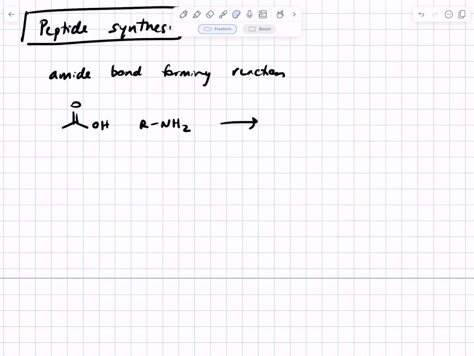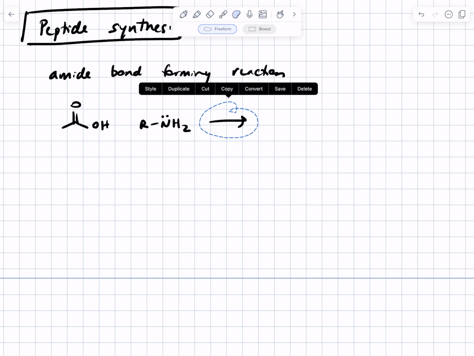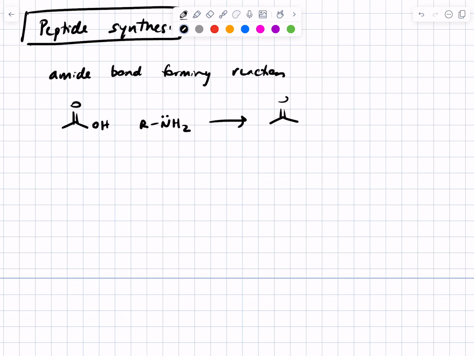And the problem with the amine was that it's a base, and the problem with the carboxylic acid is that it's an acid. And so the first thing that's going to happen when an amino group sees a carboxylic acid group is the undesired acid-base reaction where you make the carboxylate and the ammonium.